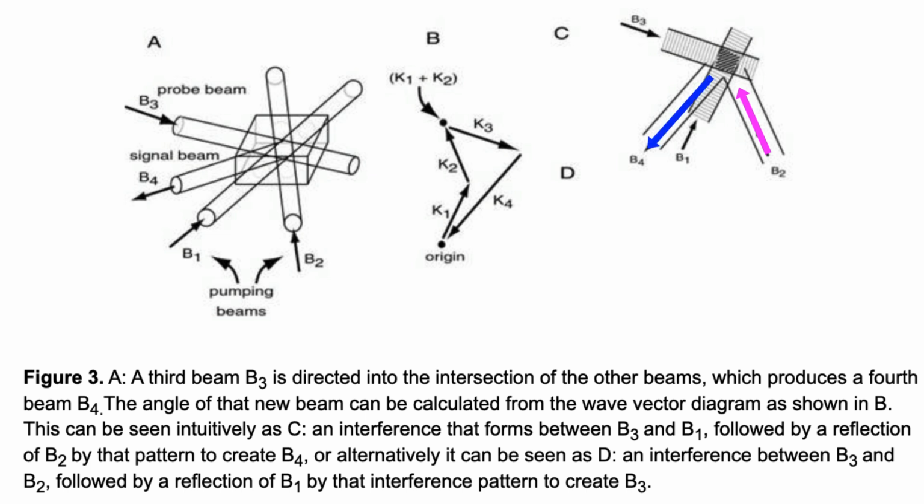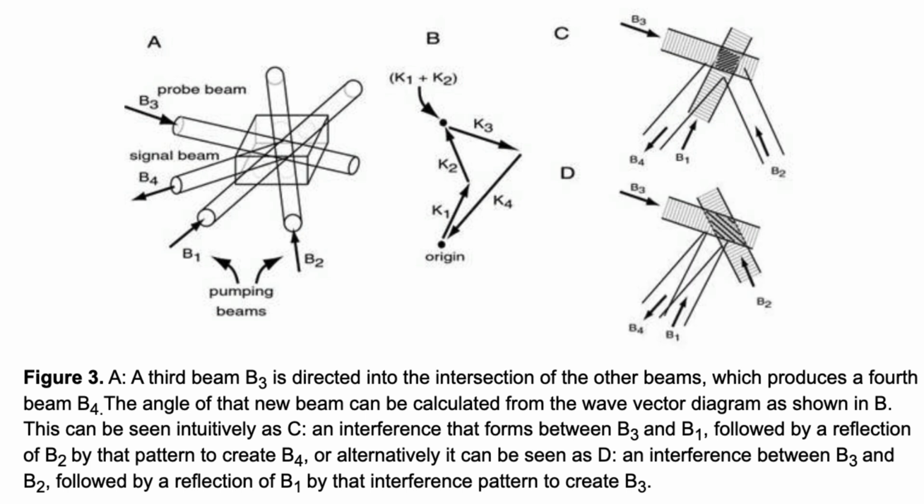Angle of reflection equals angle of incidence. Alternatively, we can say that the probe beam B3 interferes with the other pumping beam B2 to produce an interference pattern as shown in Figure 3d. Then beam B1 reflects off that interference pattern to produce the signal beam B4.